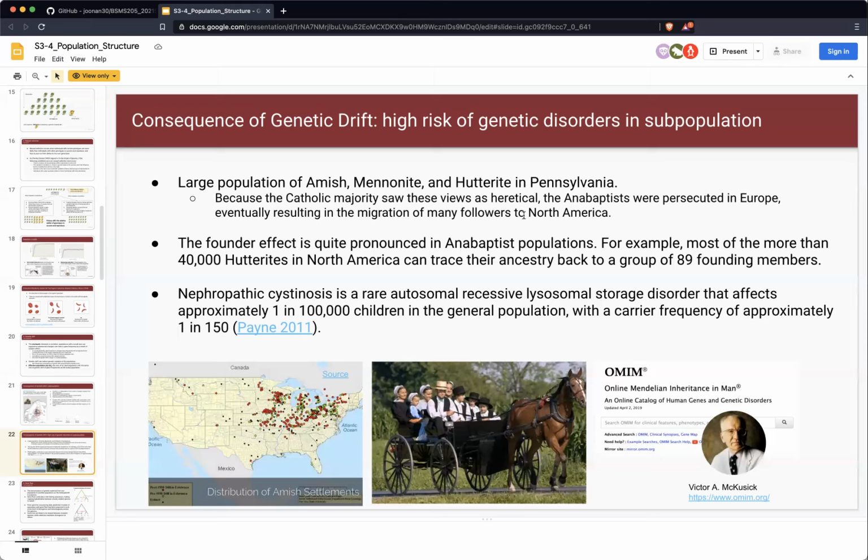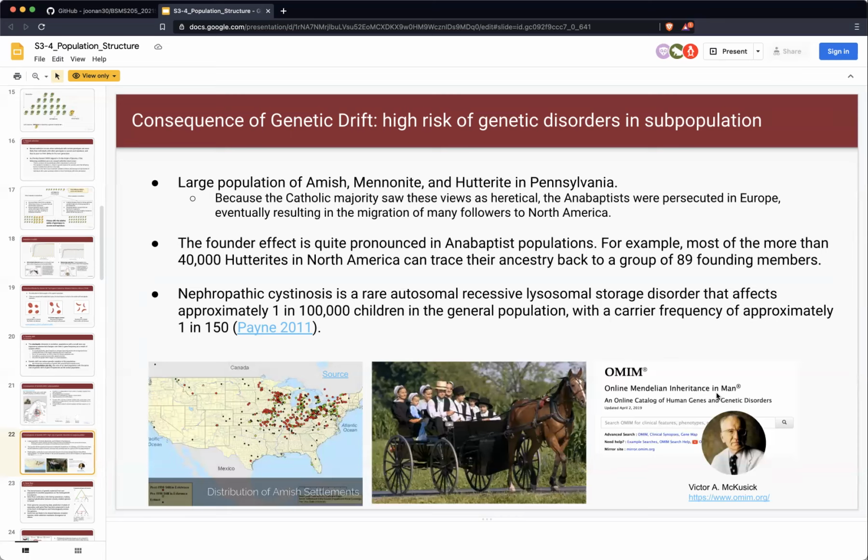But after the internet appeared, surprisingly, you never imagined the internet would appear as a sentence, but at that time the internet was the thing. So he curated all of this information into the online version, the so-called Online Mendelian Inheritance in Man. He curated all of these recessive conditions and shared that information with other clinicians over the world.